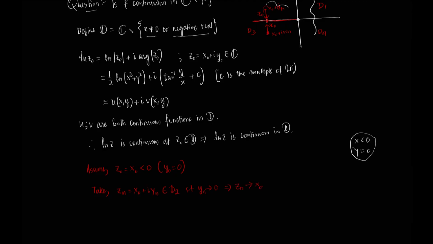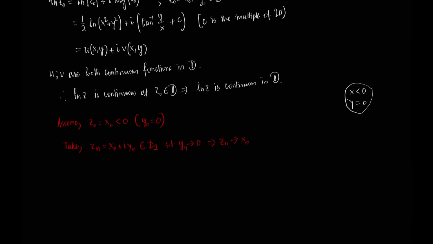So along this path, what is the logarithm? Let's calculate the logarithm, log of Zn, in this case. This is nothing but log of x naught plus i yn.